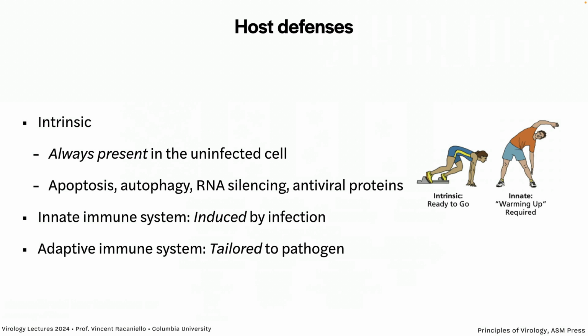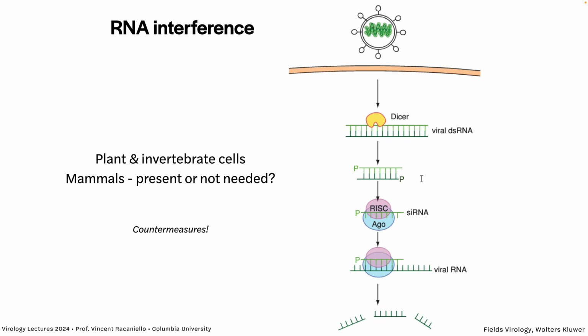And that's not the case for intrinsic, right? And then the adaptive immune system, which we'll talk about next time, is tailored to the pathogen. Now, there's some evidence that, in fact, innate responses are somewhat tailored, which is just a new emerging field of research. But for now, we'll say mainly the adaptive immune system is tailored to the pathogen.